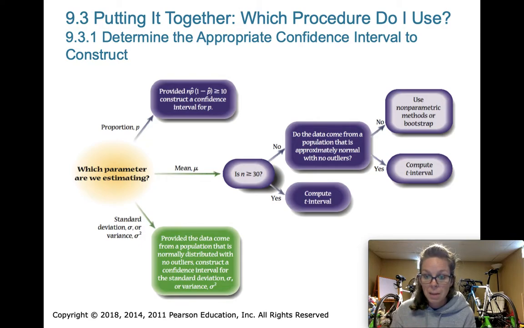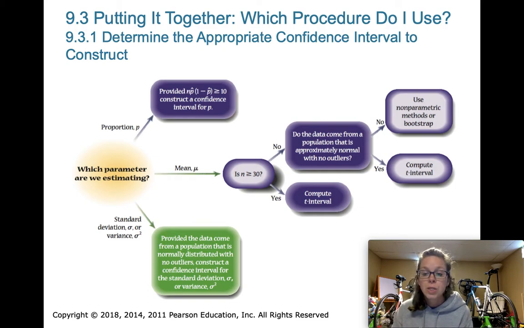If we are estimating a mean, we need our sample to be bigger than 30. Go ahead and do a t-interval. If the sample is not bigger than 30, then we have to ask ourselves if the data comes from a population that is approximately normal with no outliers. If so, we can go ahead and do that t-interval. If not, we have to use some other methods that you don't know yet that are called non-parametric or bootstrap.